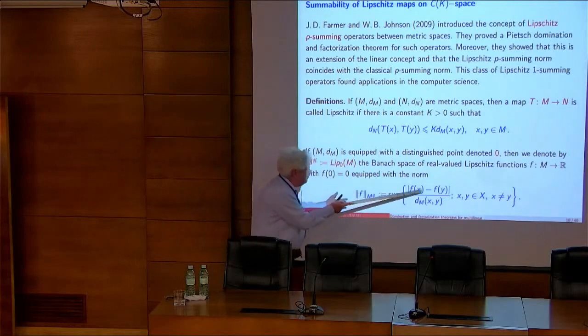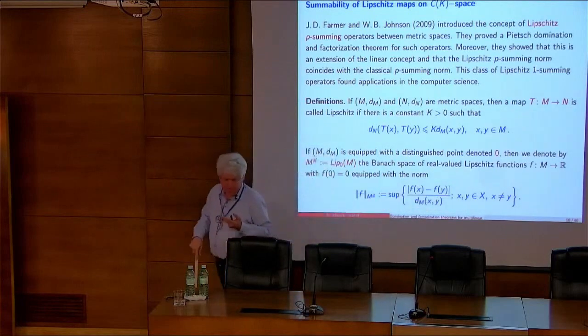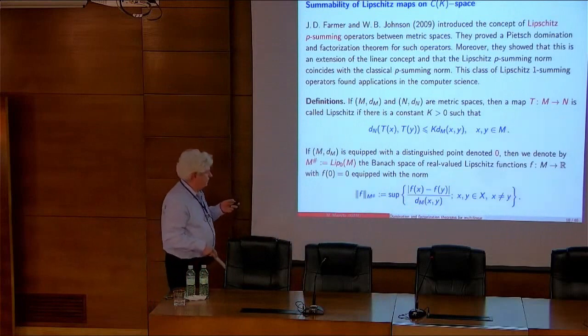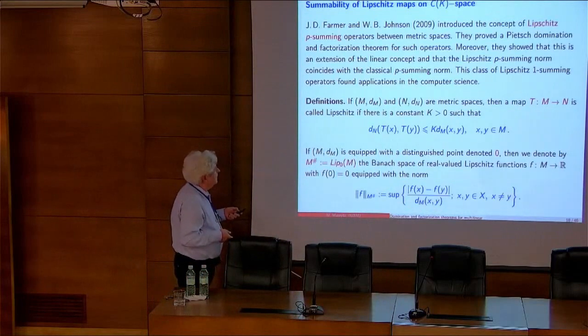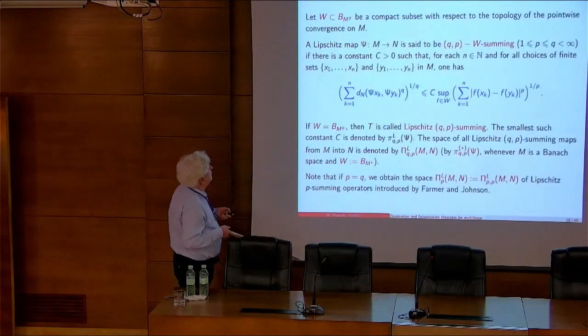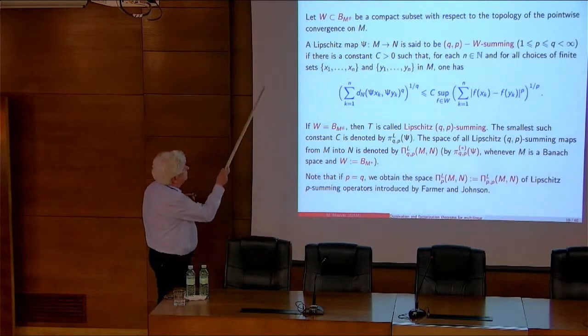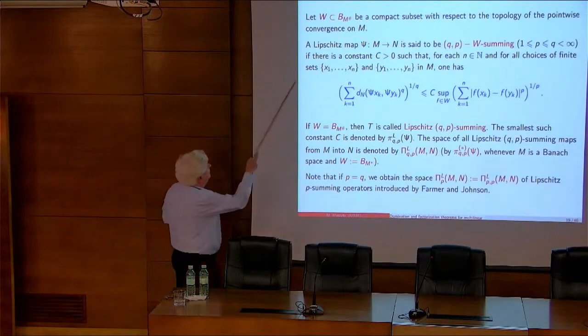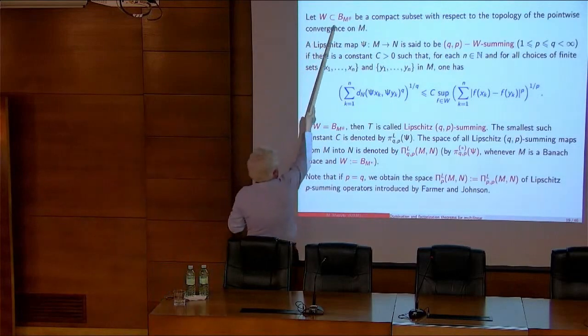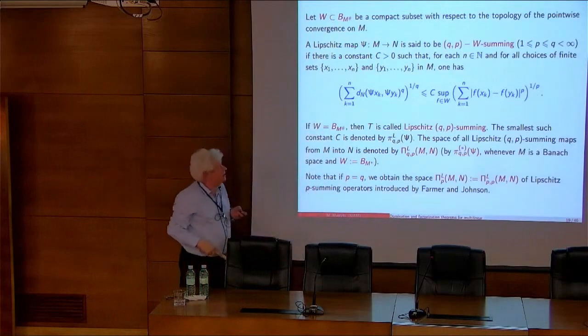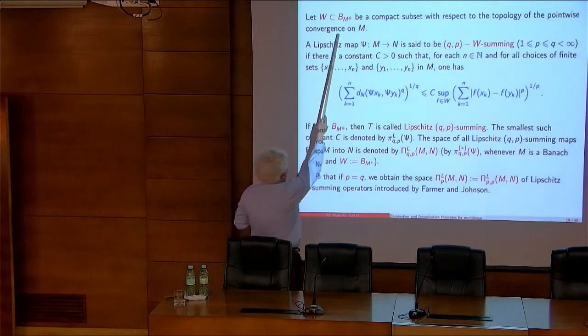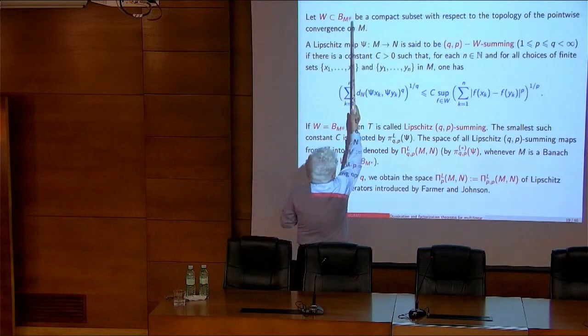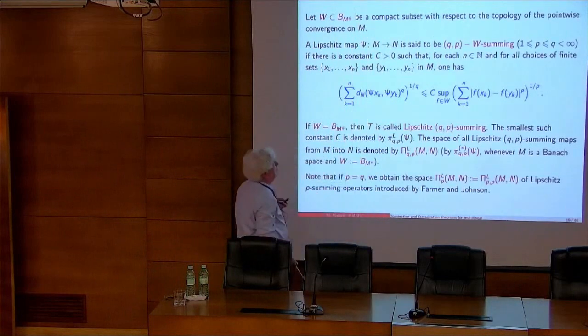This is a Banach space with the following norm. Now here there is a definition with P and Q. We have a subset of the unit ball of Lipschitz functions on a metric space, which is compact with respect to the pointwise topology.